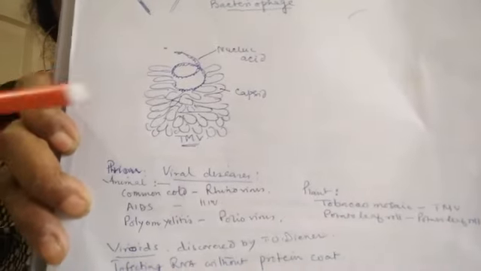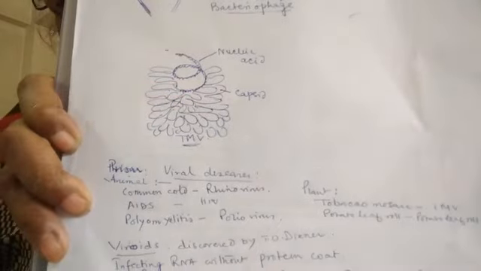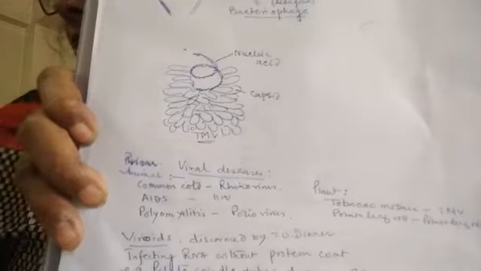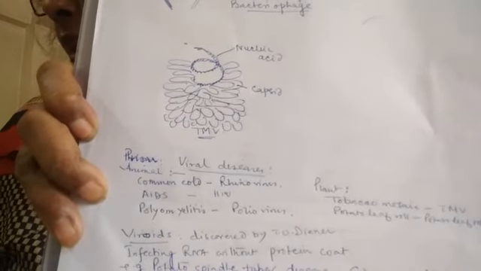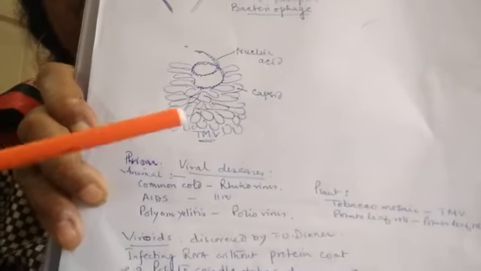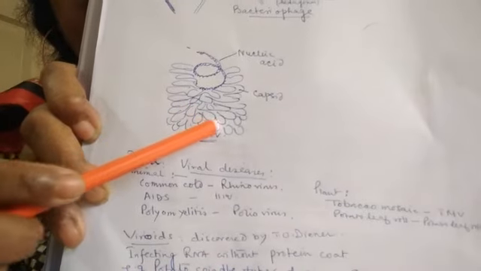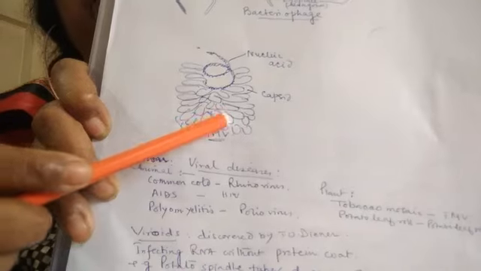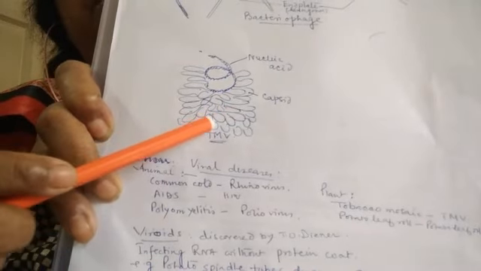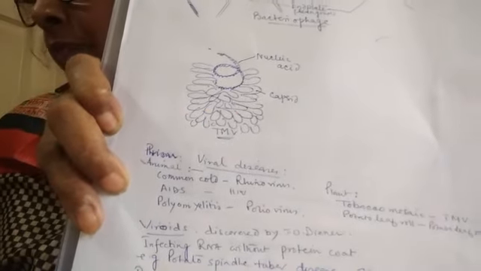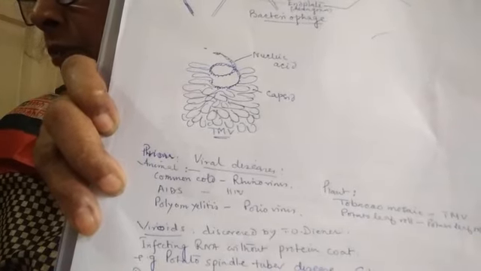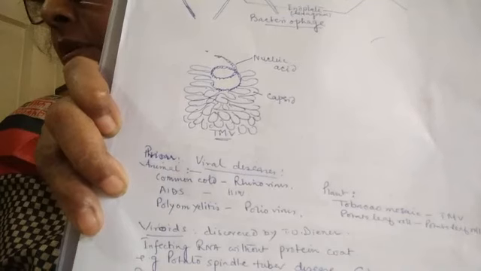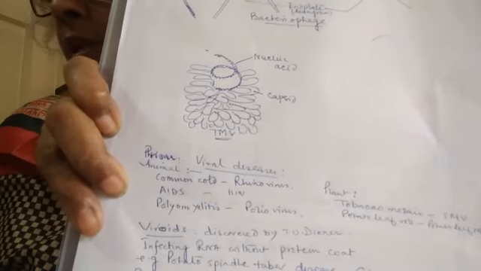Another one is the tobacco mosaic virus, which is an elongated rod-like structure, and there are units called capsomeres which are arranged helically to form the capsid, and 49 capsids are present in 3 turns.